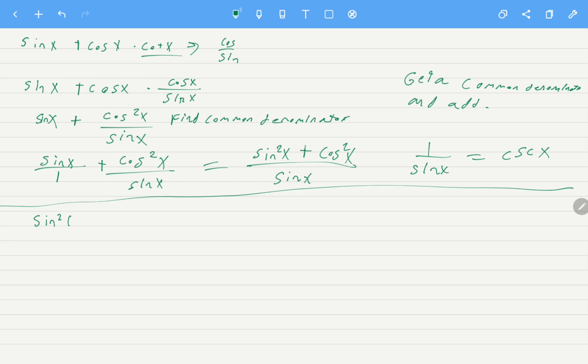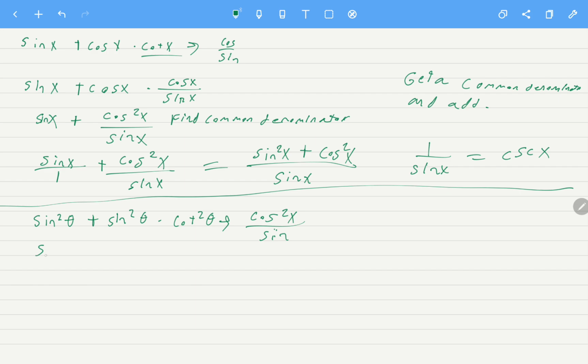So sine squared theta plus sine squared theta times cotangent squared theta. First, you just look at it and you're like, okay, let me try to do this in terms of sine and cosine so I can actually look at this properly. So you turn cotangent squared into cosine squared theta over sine squared theta. That's how I would do it.